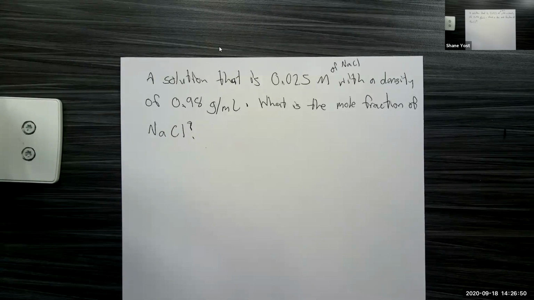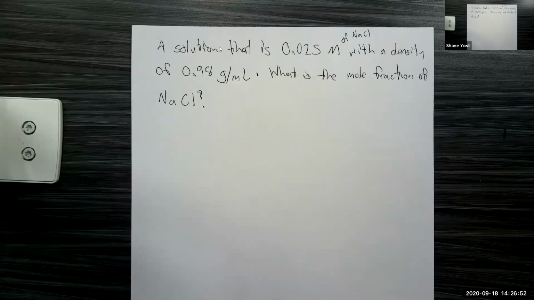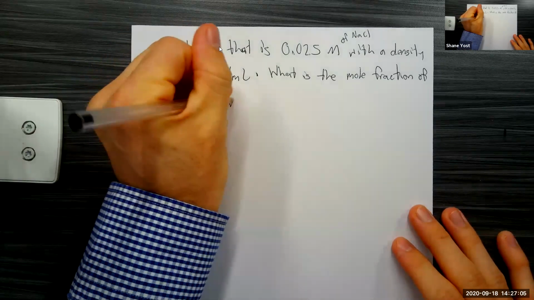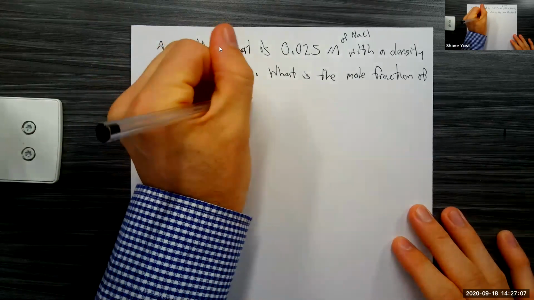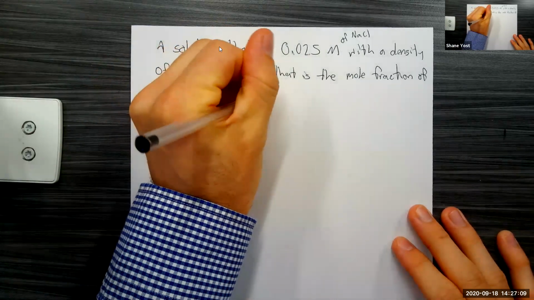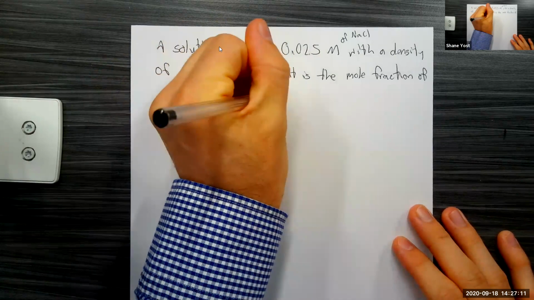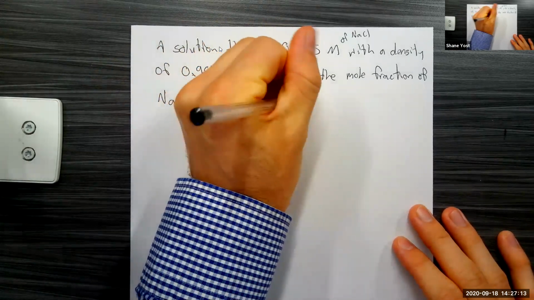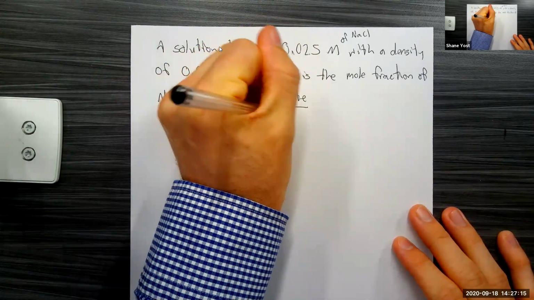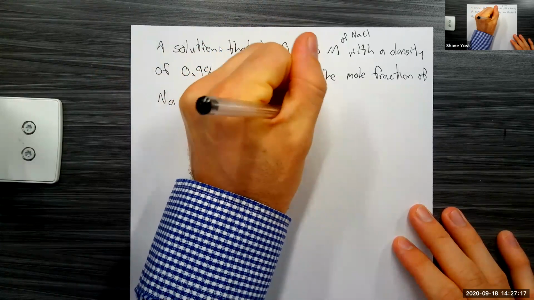When we start these conversion problems, the first thing I like to do is think, what are these concentration units? What do they mean? Molarity is defined as moles per liter, moles solute per liter solution.